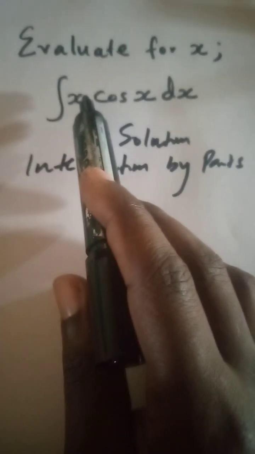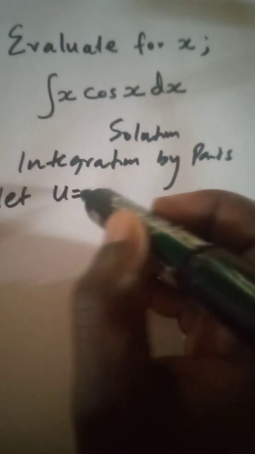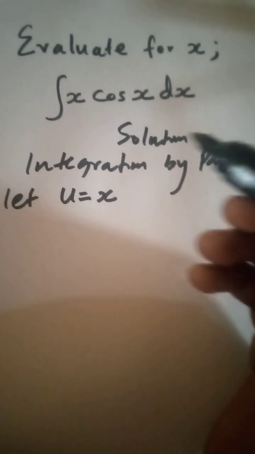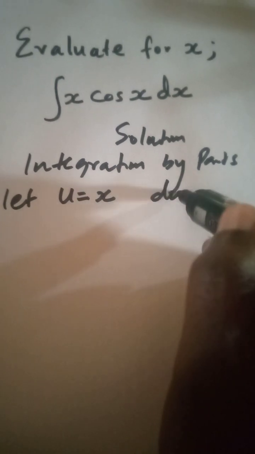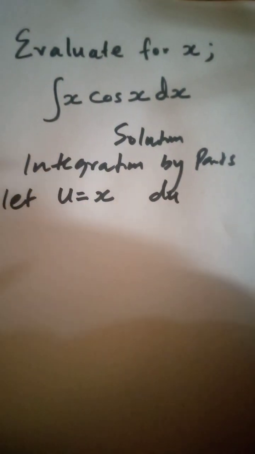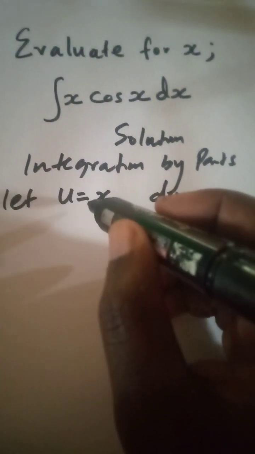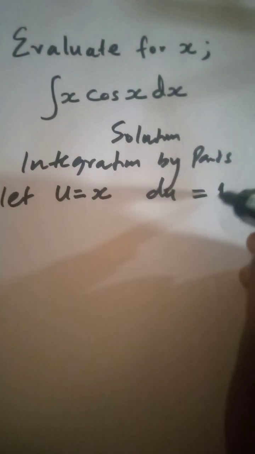So using integration by parts, I'm going to choose one to be u and another one to be dv. So I'm going to let u be x so that du, if you differentiate u with respect to x, you're going to get 1.